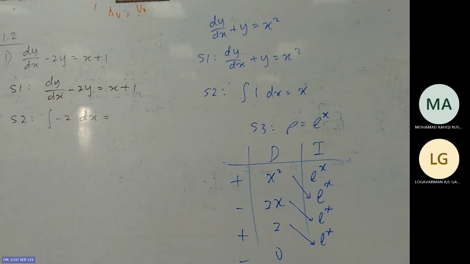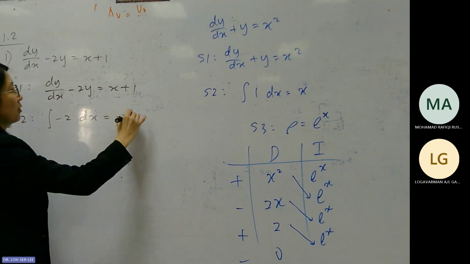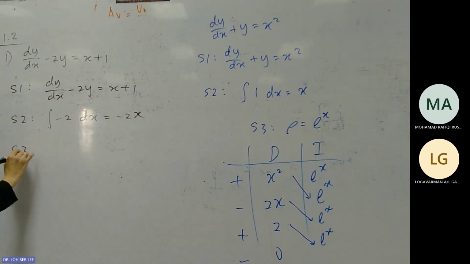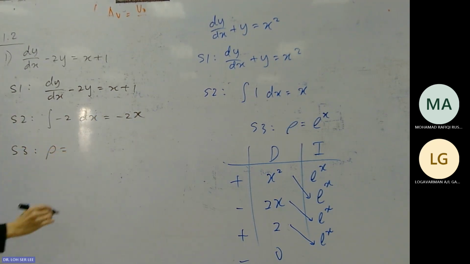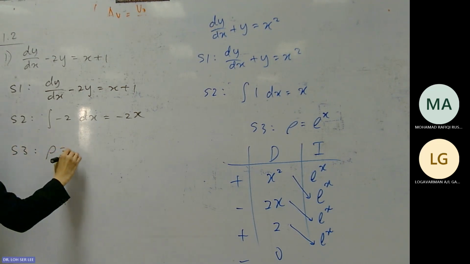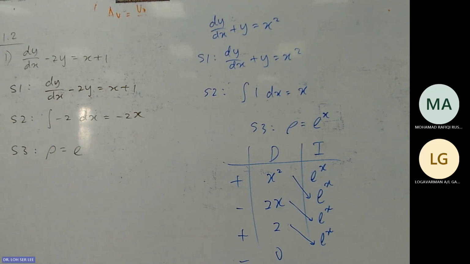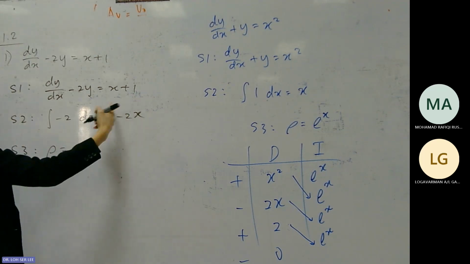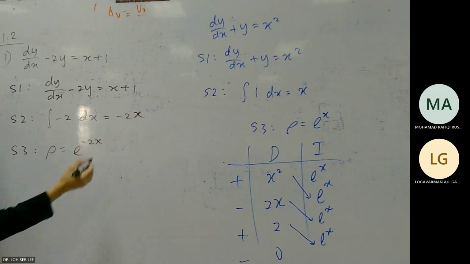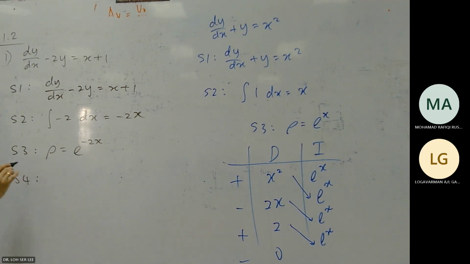So what do you get? -2x. Step 3, integrating factor. The integrating factor is an exponential function to the power of what you obtain from step 2. Step 4, multiply the integrating factor to step 1.